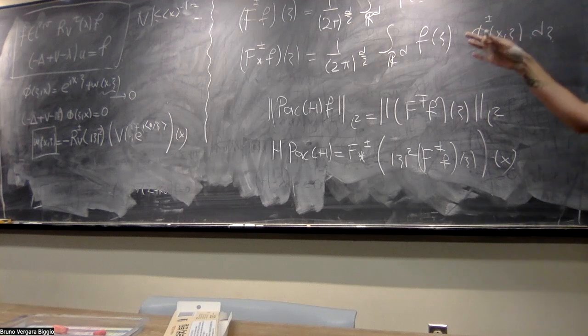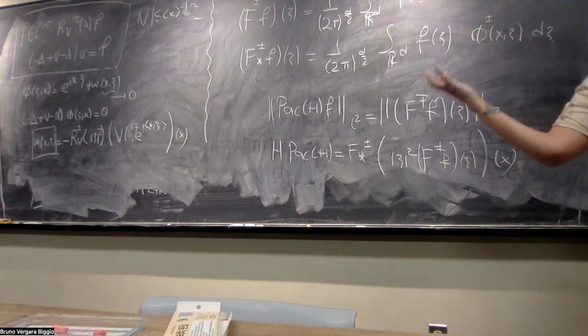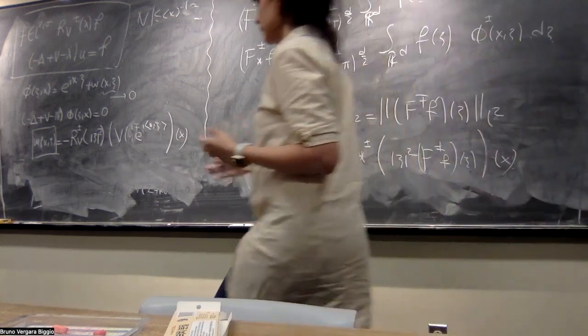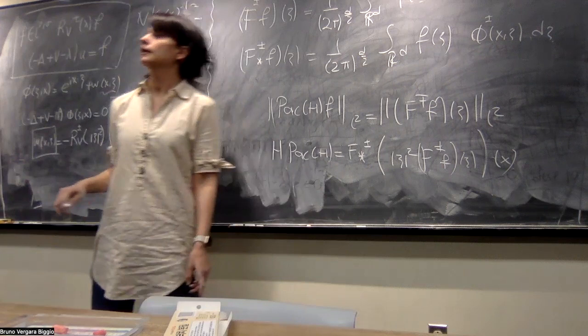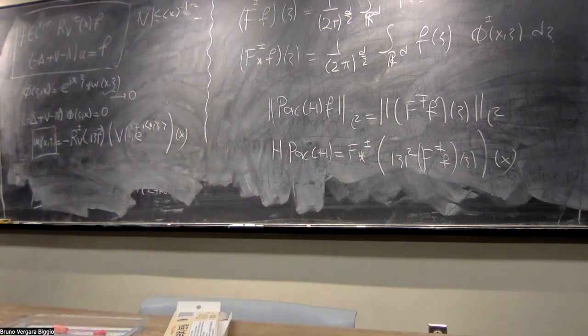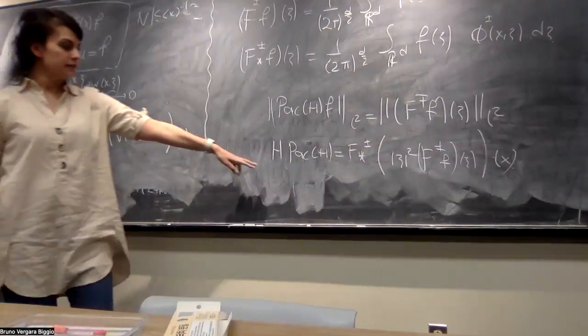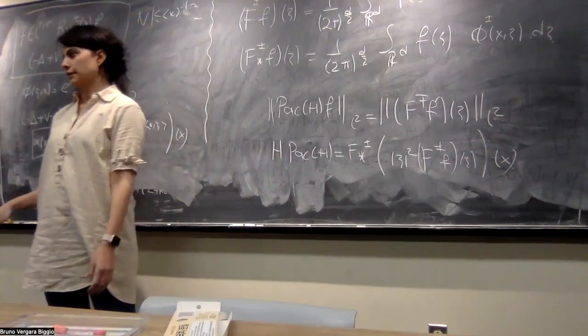So probably this is somehow related, because maybe you have better knowledge. But I'm also confused about this. So you have H times P_ac H. That's an operator, right? Think about it exactly like minus Laplacian f.